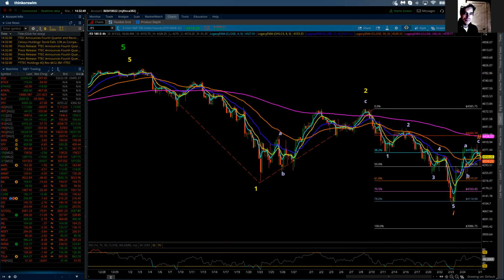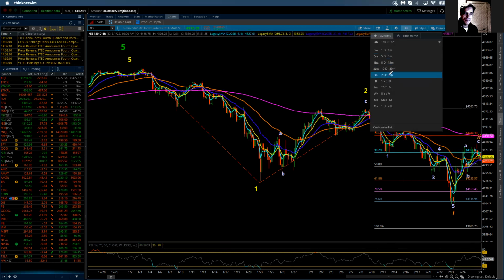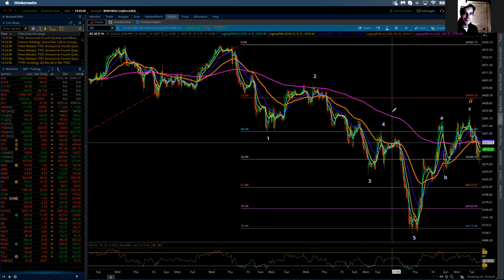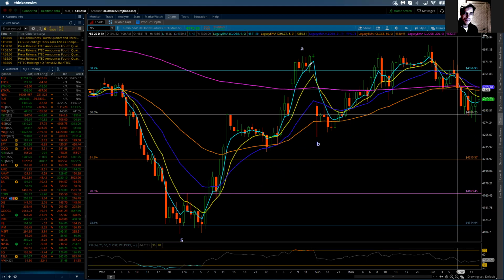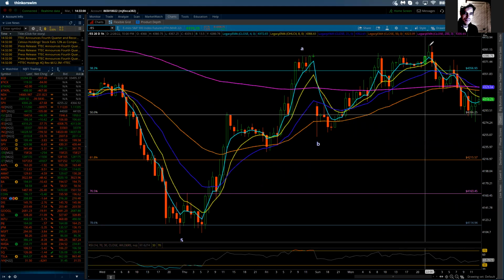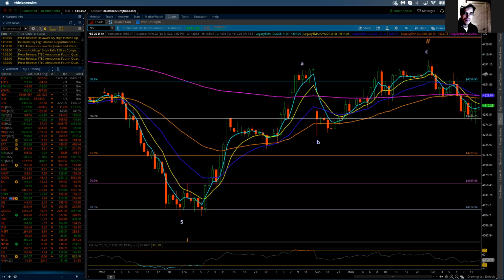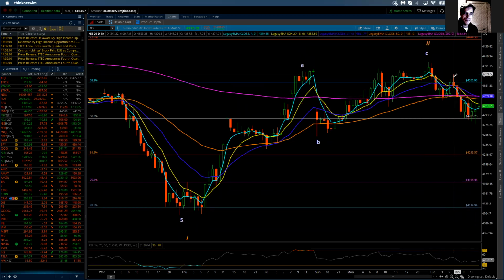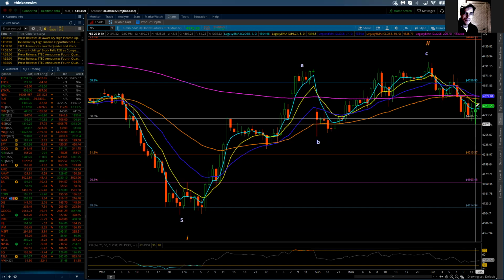So going back down to that hourly chart, we can take a look at where we are within this whole thing. Right now, there's the A, the B, and the C. Let me just pull that in a little bit so we can see it. This is wave 1, 2, 3, and we're in that 4.